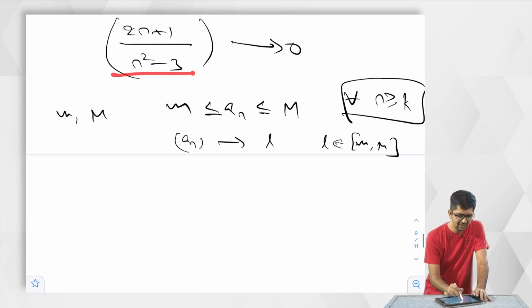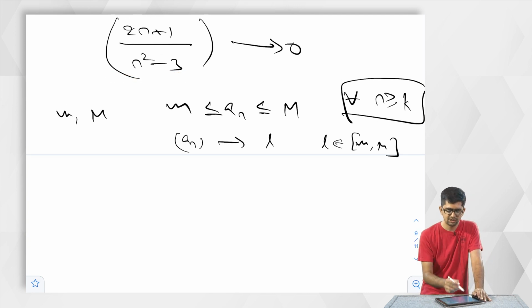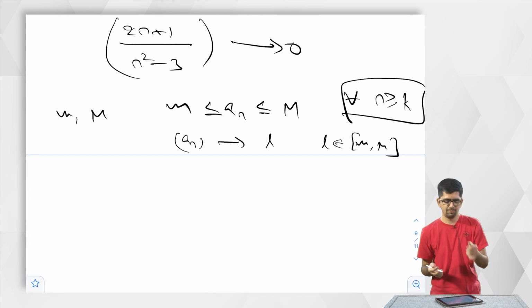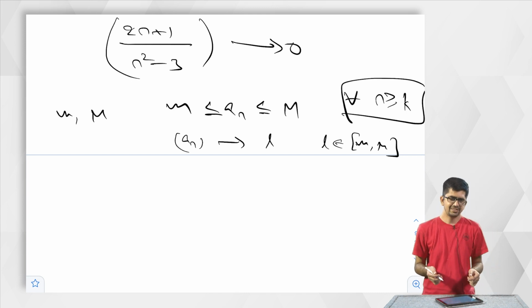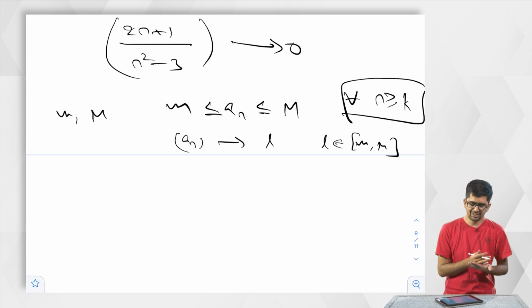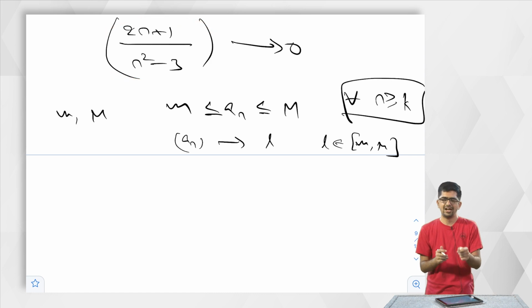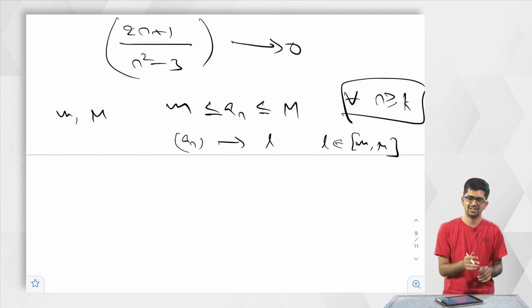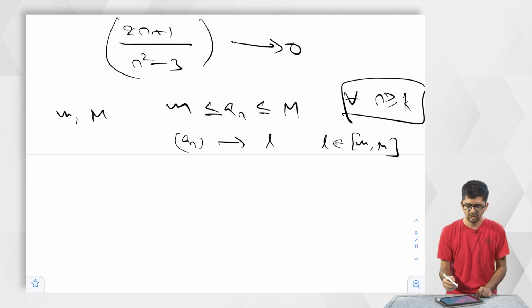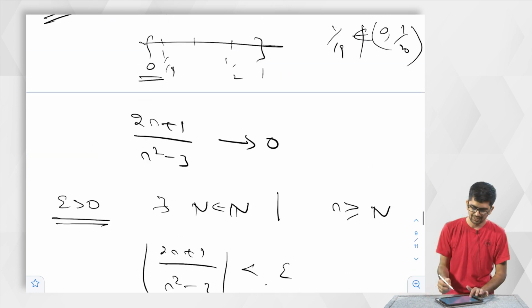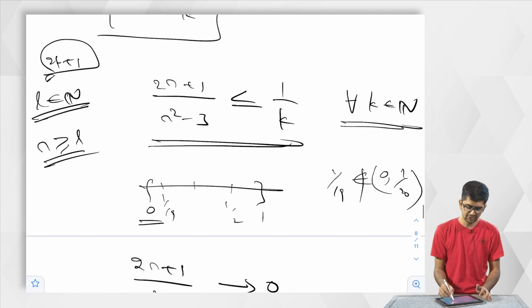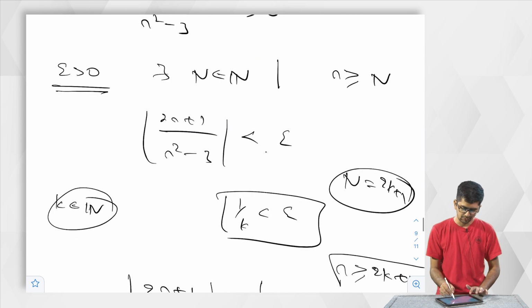So we have seen that this sequence is bounded by 0 and 1. So if it is convergent, the limit should be between 0 and 1. Then we have seen we can reduce the bound by half. So if this is convergent, the limit should be between 0 and half. We have reduced the bound again further, and then we have seen the only possible element is 0. See, this calculation of bound was helpful here also, right.